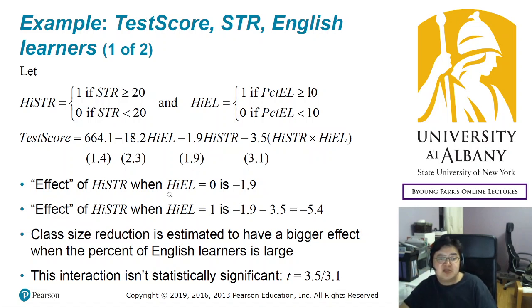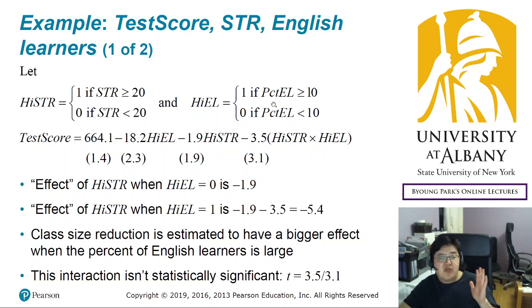If the percentage of English learners is 0, then simply the effect is minus 1.9. So the test score drops only by 1.9 points, right? When this is 0, when the percentage of English learners is less than 10%.